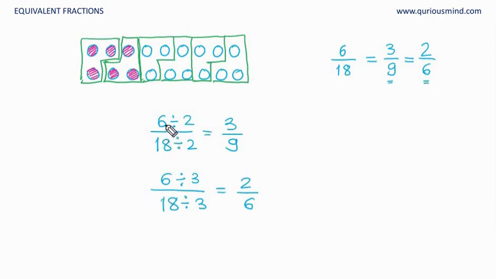So we can say that we can also get equivalent fractions by dividing both numerator and denominator by the same number. So what we have said till now is equivalent fractions can be obtained by multiplying or dividing both numerator and denominator by the same number.